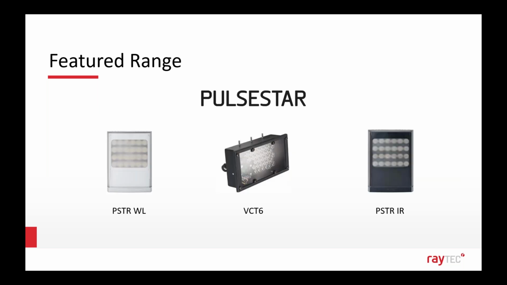Regarding our pulsed offerings, we've got a good range of products, anything from our smallest units, which provide 220 watts of output, all the way up to our VTR6 models, which provide 4.5 kilowatts of output, considerably more powerful than any steady state product you can get on the market in general.